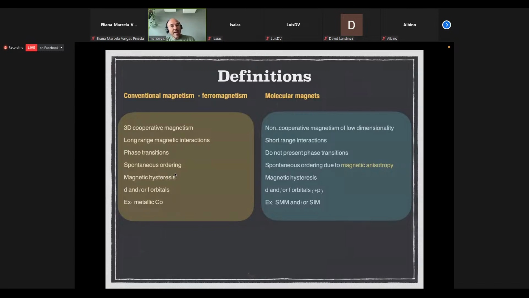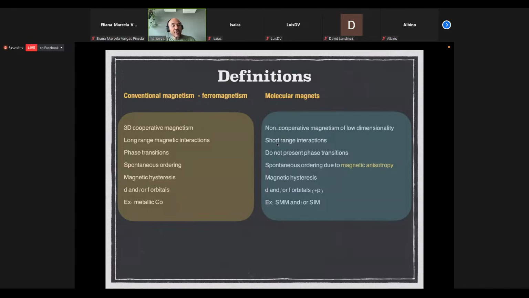However, the molecular magnets present a non-cooperative magnetism, and it's very important at low dimensionality. I will present some pictures that will make this clearer. A non-cooperative magnetism means that one molecule does not interact, in the magnetic sense, with the first neighbor molecule.